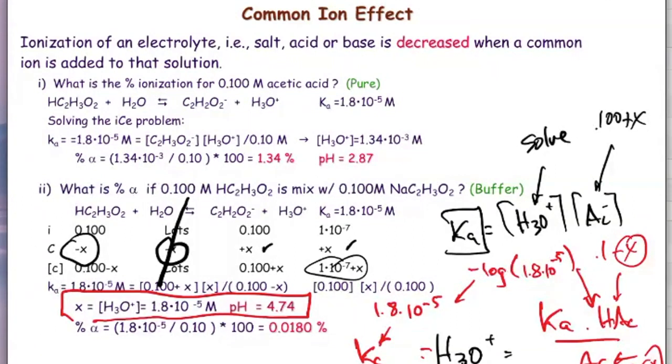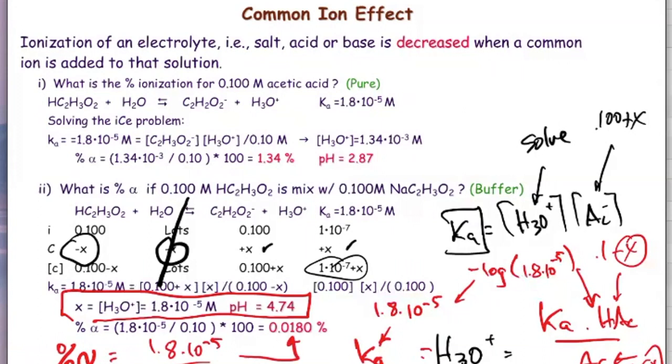Again, you can see that when the concentration of both the acid and its common ion are equal, then the hydronium is just equal to the Ka. That's something that you guys should remember, especially for the lab that you guys are going to be doing next week. Okay, and then if we calculate the percent ionization, we have 1.8 times 10 to the minus 5 divided by the initial concentration of the acid, and that number is 0.018%.